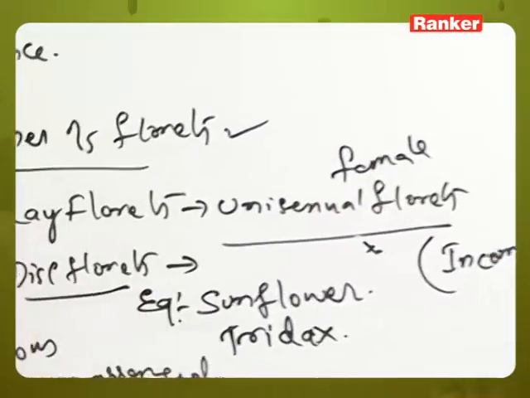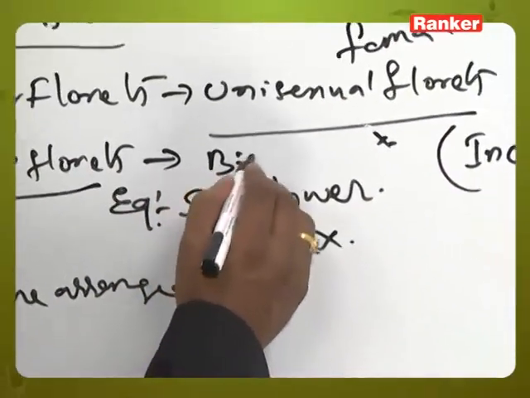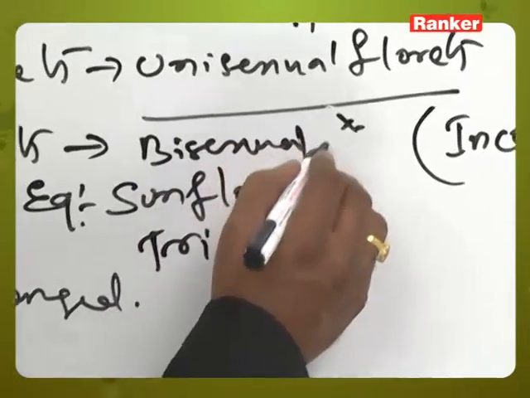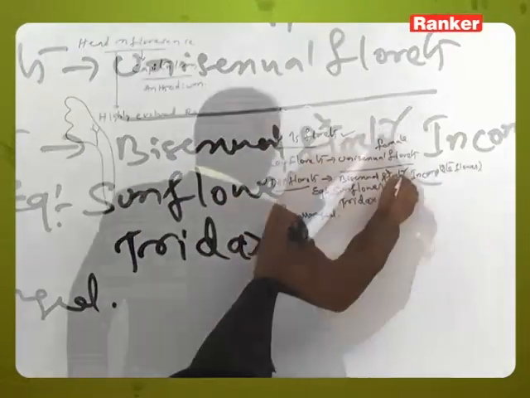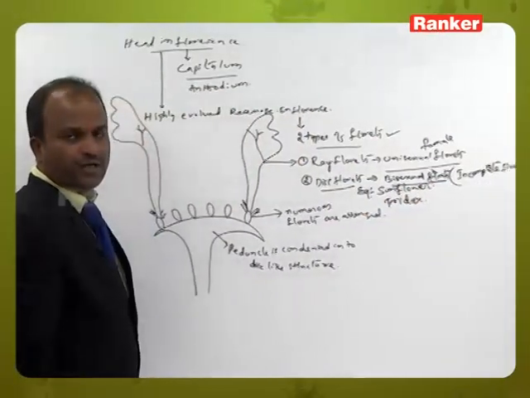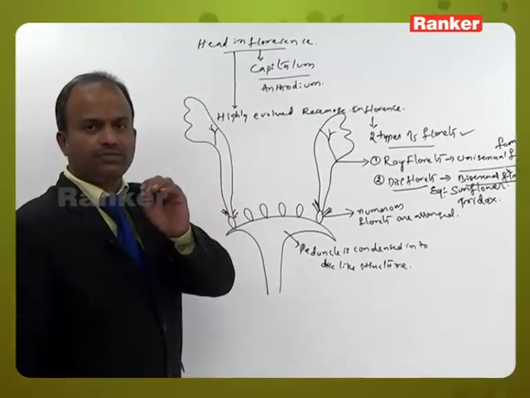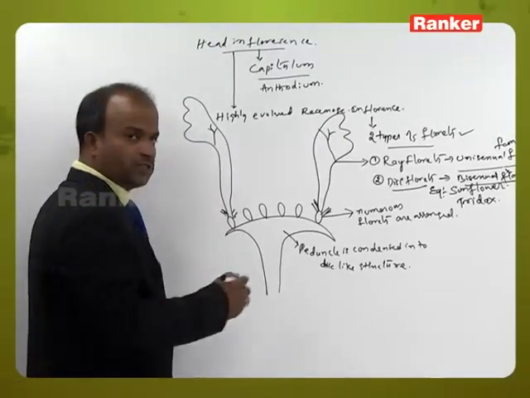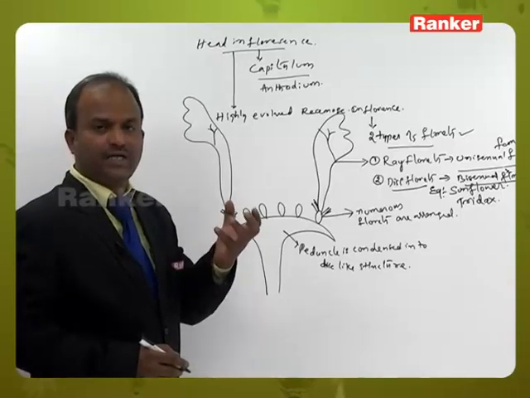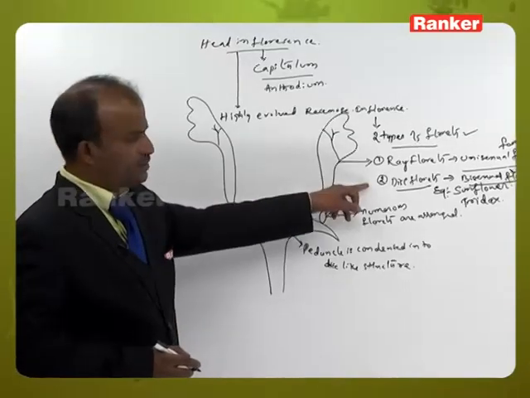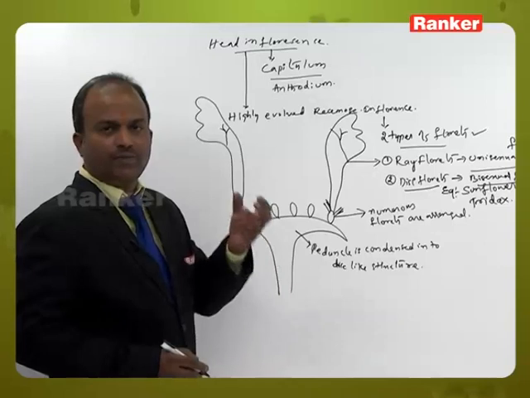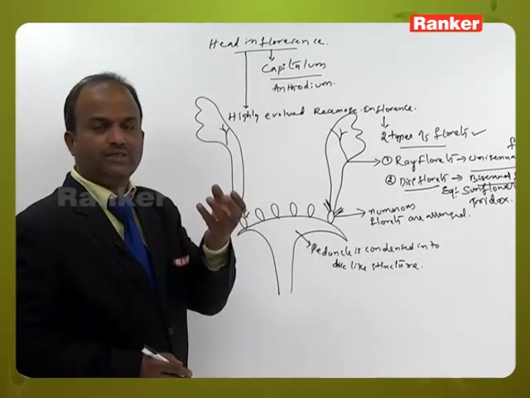Another floret is the disc floret. Disc florets are called bisexual florets. These bisexual florets are arranged centrally, in which manner? They are arranged centrally.